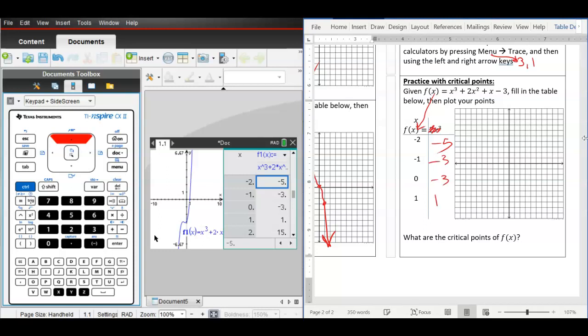Okay. So let's plot these points: -2, -5, -1, -3, 0, -3, 1, 1. As you can see from the graph over here, it's going to go up, go back down, and then back up again. So it's going to go up, down, and then up again.